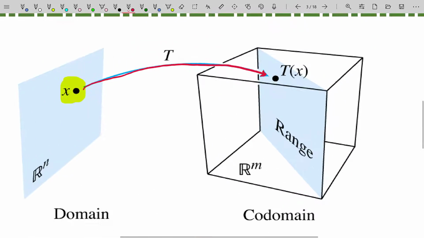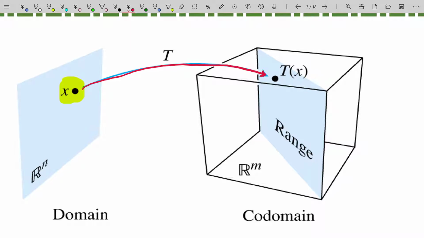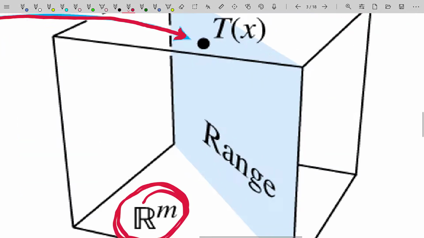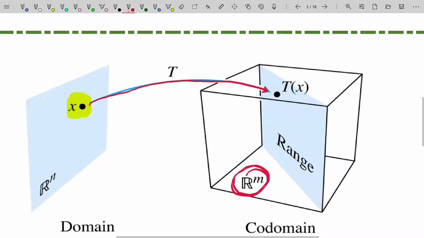Now notice that big old box there. That big box is very important. That big box is actually Rm. But notice the shaded plane, we'll just call that the shaded region, that all values of x map to. That's a subset of Rm.